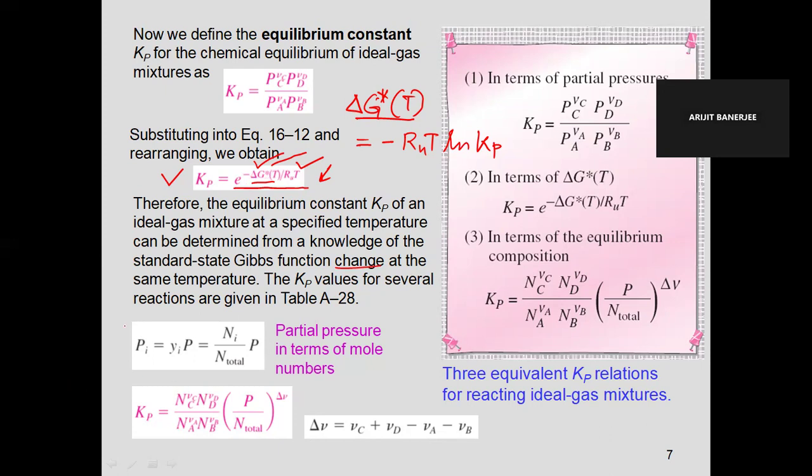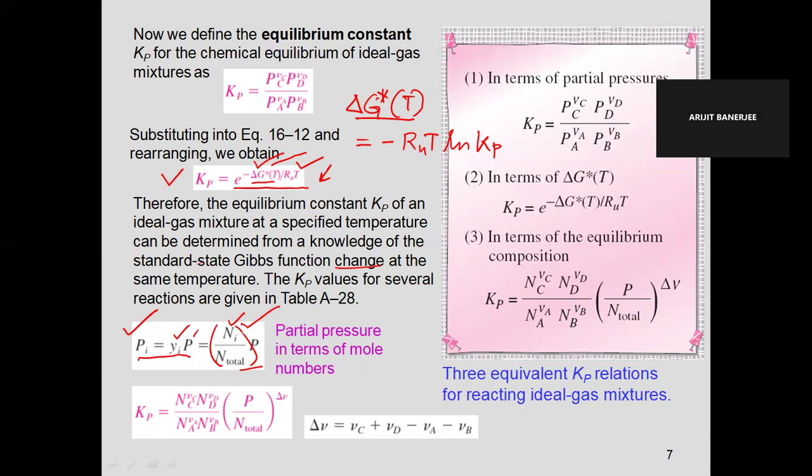Now, we already know how to calculate the partial pressures. That is the mole fraction multiplied by the total pressure, where the mole fraction is the number of moles of the particular component divided by the total number of moles. Now we have to understand one thing clearly: this Ni, remember, is at the chemical equilibrium condition.